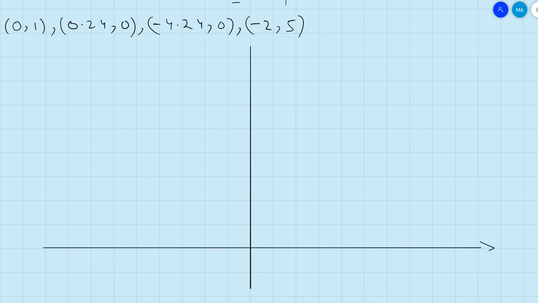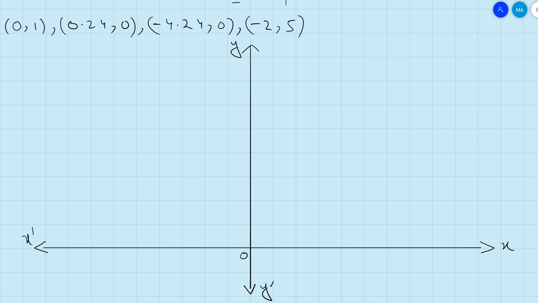This is our x-axis. This is the negative x-axis. This is positive y. And this is negative y. And this point where the two axes cross each other is the origin. Now plot all the points.